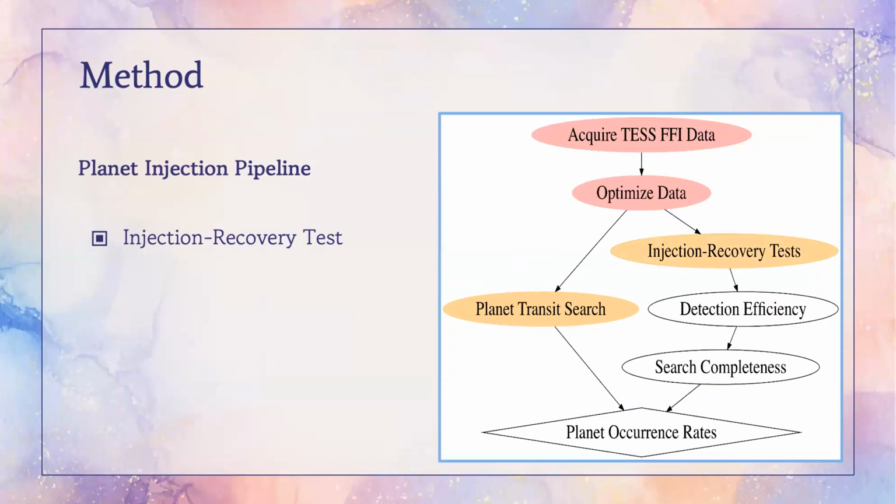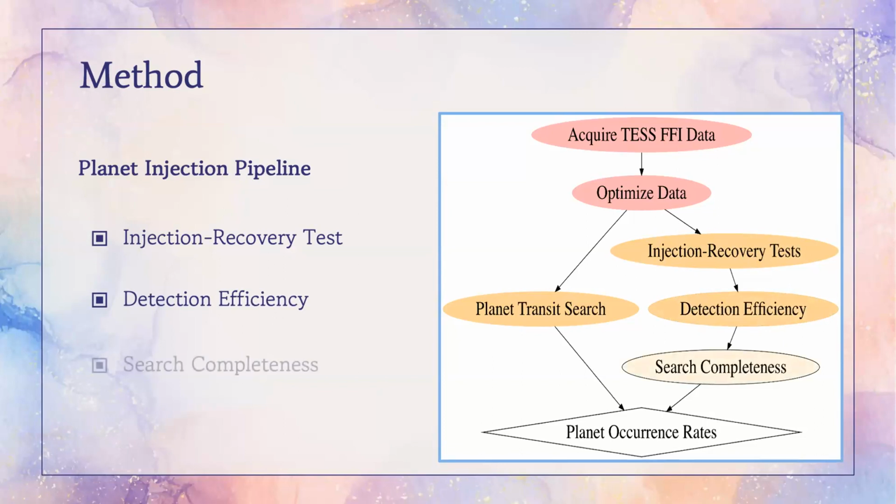What this means is we inject synthetic planet signals into every single light curve multiple times to basically have a detection efficiency map for each light curve. So once we do that, we get the detection efficiency, and then if we combine this with the geometric transit probability, which basically just says the further out a planet is from its host star, the less likely we are to detect it, then we get our search completeness.